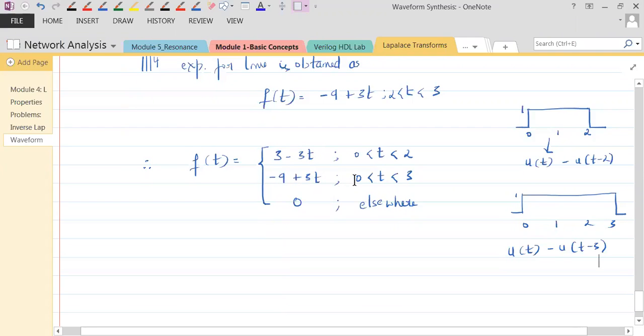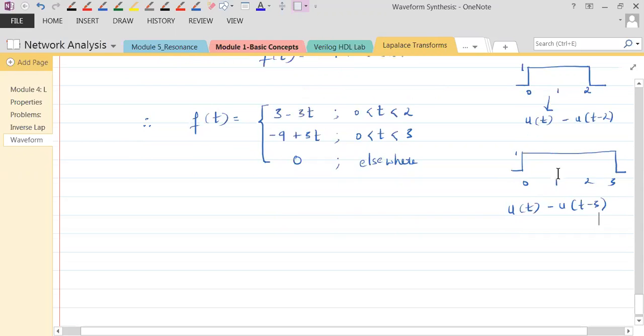Similarly, if you want a signal to define this range, you would multiply this function of t by this rectangular wave, which is 0 everywhere else other than the range 0 to 3. So I want this to exist from 0 to 3 and I want this to exist from 0 to 2.